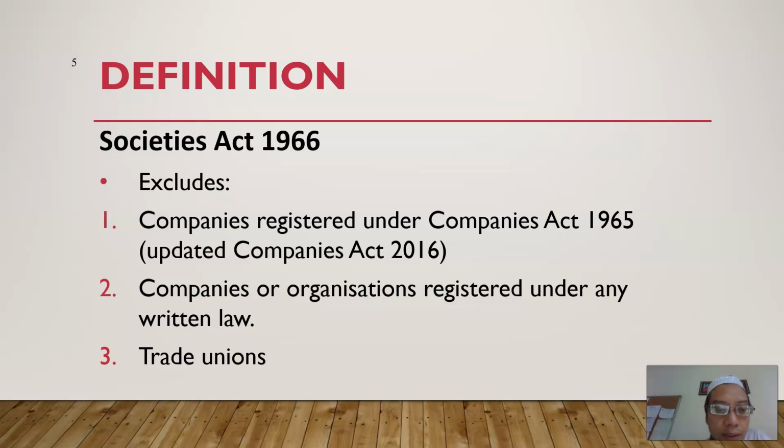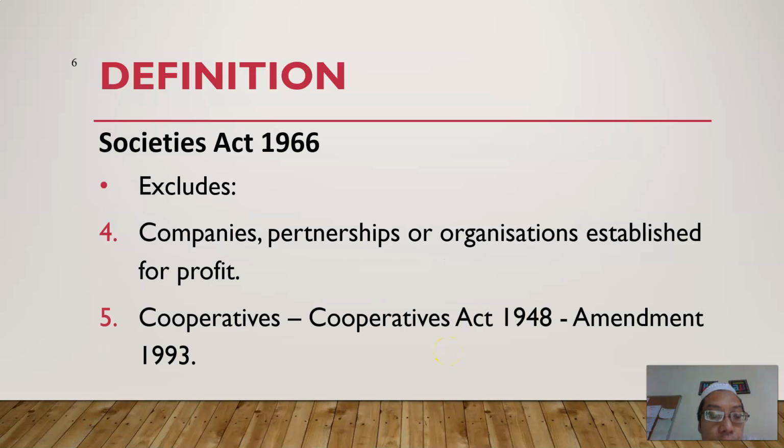Then there are the trade unions. Trade unions are a society among workers of organizations. Because they fall under a separate law, they are not covered by the Societies Act as a non-profit organization. Other exclusions are companies, partnerships, or organizations established for profit.